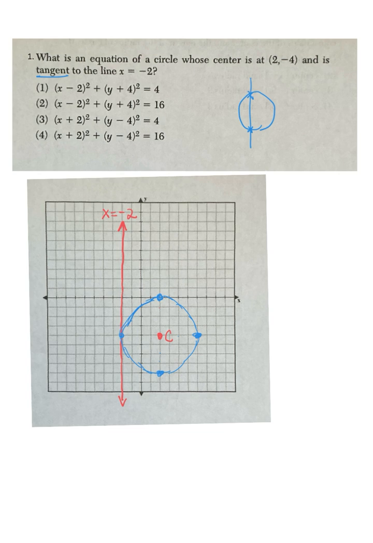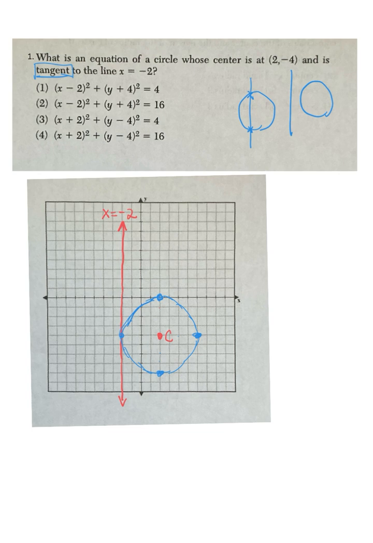Okay, now likewise, I could have a circle and a line and it doesn't even hit at all. There's no intersection points. So when you see that word tangent, it means that you are going to intersect, but only in one spot. So the only way that can happen is if this edge of the circle hits the line.